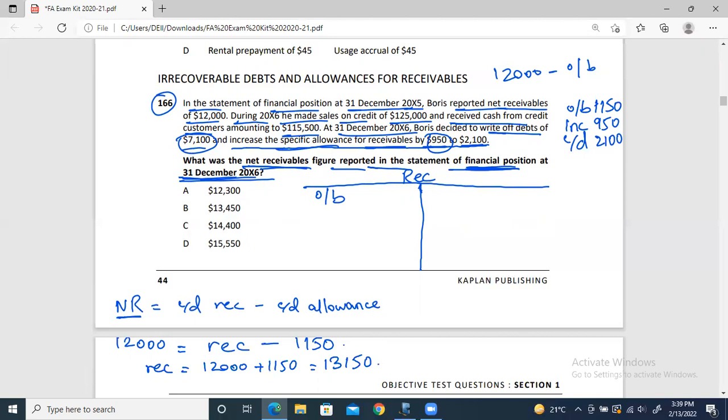Let me explain this again. The net receivable figure is always written in the statement of financial position. It's never used in the T accounts, right? If we are using the amounts in the T account, we need not use the net receivable amount. We only need to use the amount of the normal receivables.